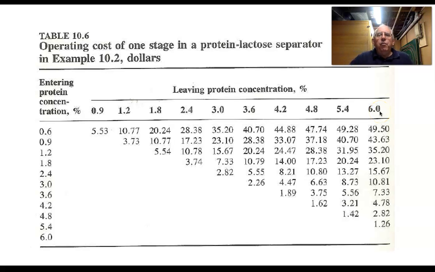And so if one was to just use a single separator coming in at 0.6 and coming out at 6, the cost would be 49.5.